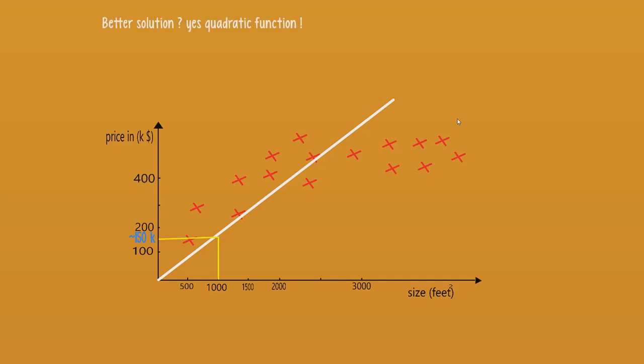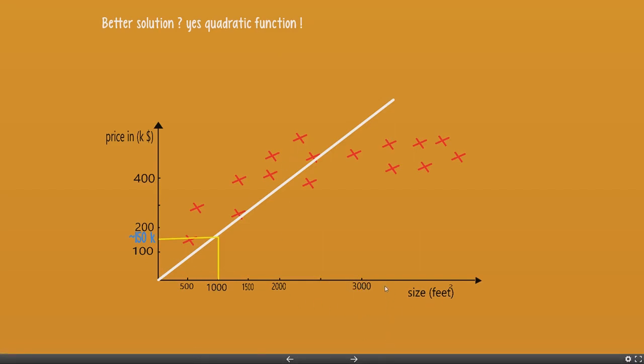So do you think there is a better solution for that? Maybe a more natural solution. If you see here, for example, if your friend has a big family and he wants a really large house, roughly here, you can't say the price here, because you know that the line is lying to you. From here up it's not the same, because the price is kind of flattening here.